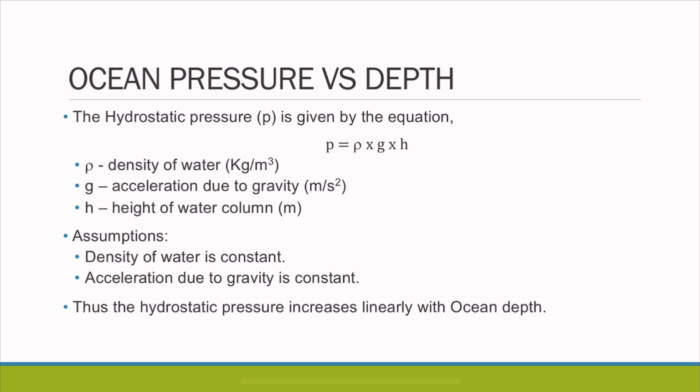And another thing is about the acceleration due to gravity. Now, when you're going deeper and deeper, you're getting closer to the center of the earth, so there is less mass that is exerting a pull on you, but on the other hand, there is the mass above you, which is exerting the opposite pull. So the net gravitational force on you if you're going down is actually decreased compared to if you're on the surface. But let's look at it practically.